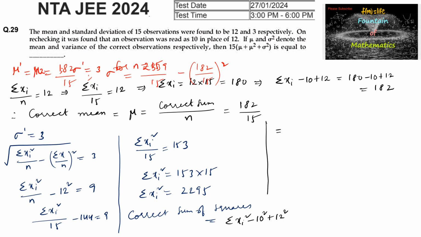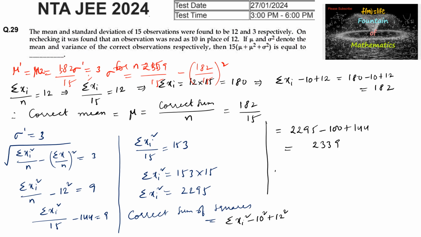Which is equal to 2295 minus 100 plus 144. We will get the correct sum of squares as 2339.